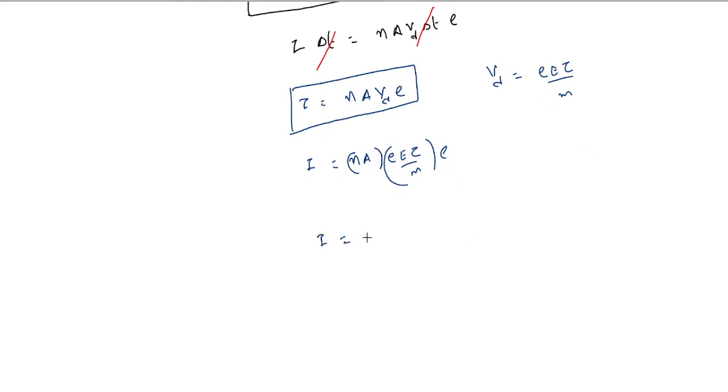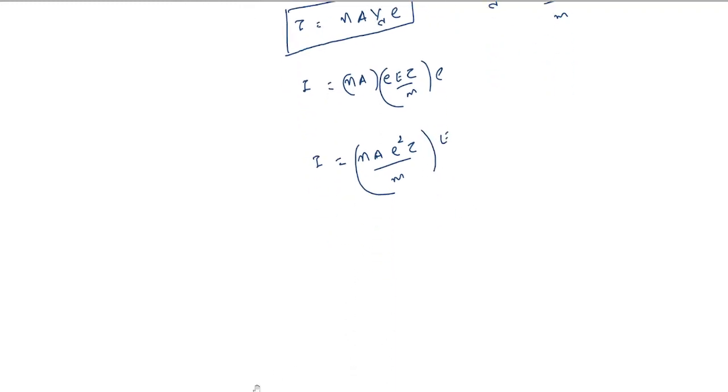Therefore, I is equal to n A e square tau by m into E. If you bring this capital A down, then I by A is equal to n e square tau by m into capital E. But by definition, this was called current density.